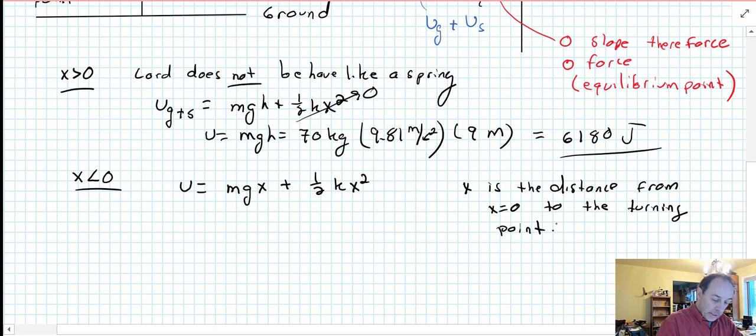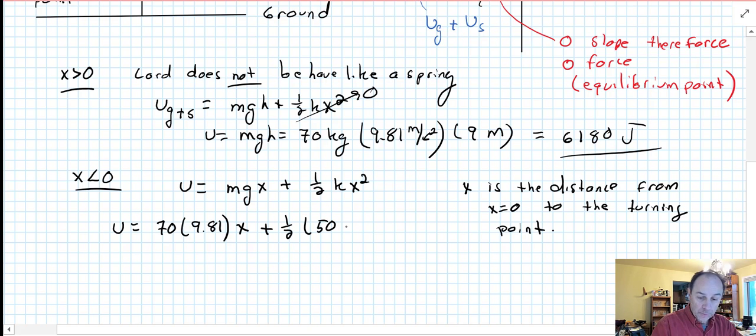So the potential energy then becomes mass 70 times 9.81 times x plus 1/2 times 150 newtons per meter, so its units are okay.